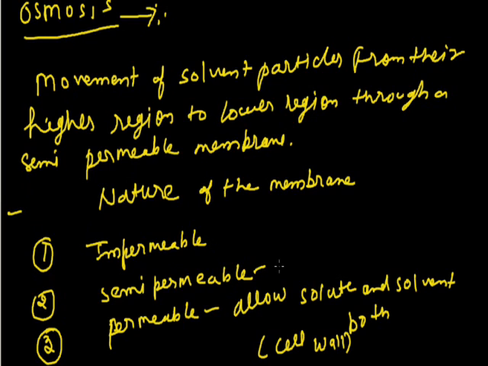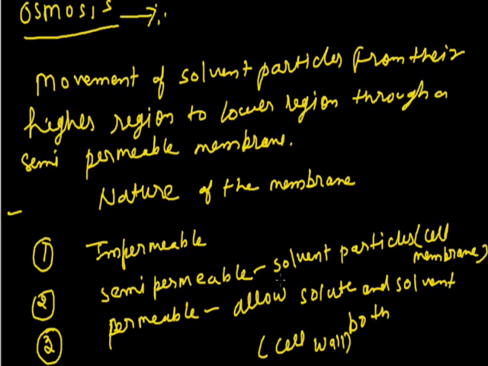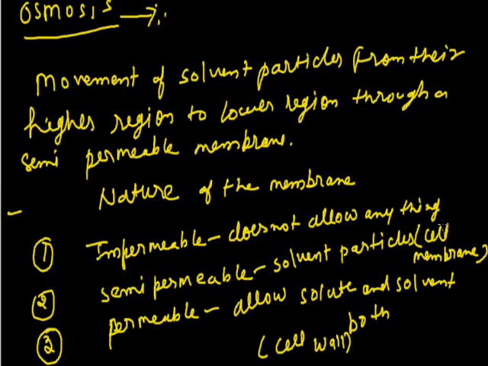Next is the semi-permeable membrane. A semi-permeable membrane is a kind of membrane which allows only solvent particles to move through it. An example of semi-permeable is the cell membrane. Next is the impermeable membrane, which doesn't allow anything to pass through it.